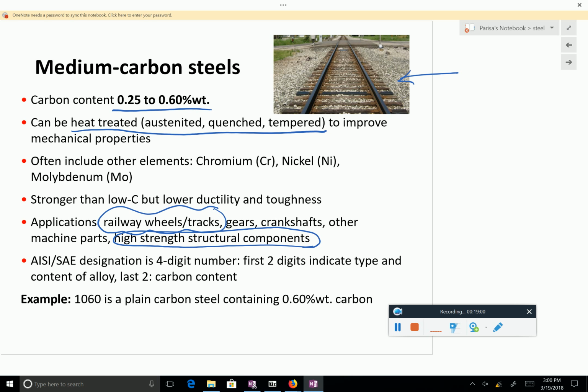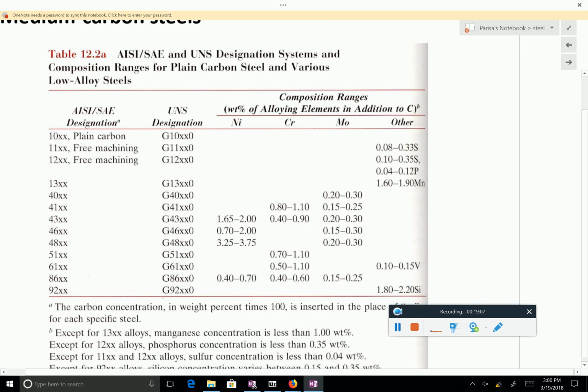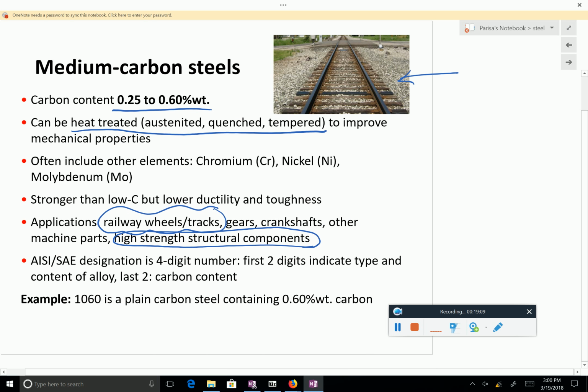There are also codes and standards for this kind of steel. I want to show you. Again, we don't make them, so we kind of have to live with what is in the market.